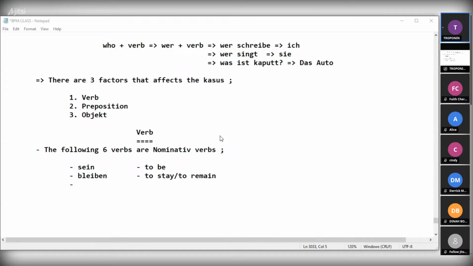We have heißen. I am writing heißen with the ß because I don't want my laptop to hang. So heißen is to be called. Then after heißen we have werden.